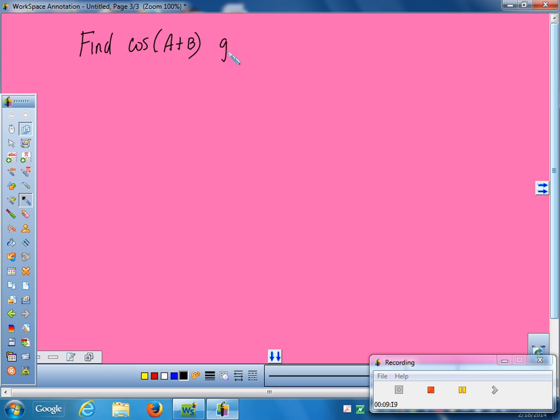And they're going to give you some information. They're going to tell you the tangent of angle A is negative square root of 5 over 2. They're going to tell you the cosecant of angle B is negative 3.